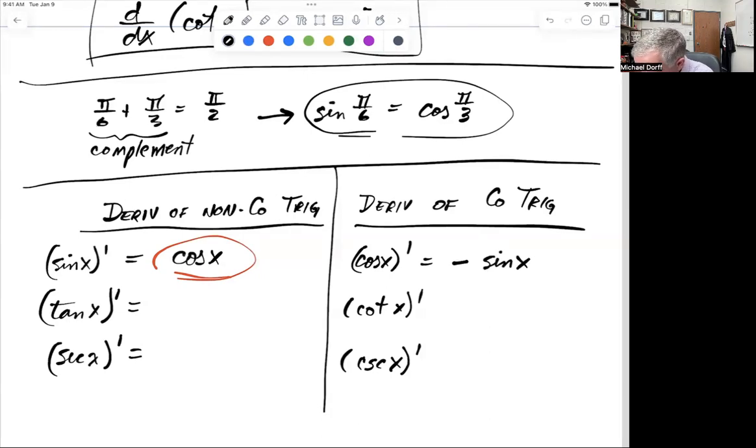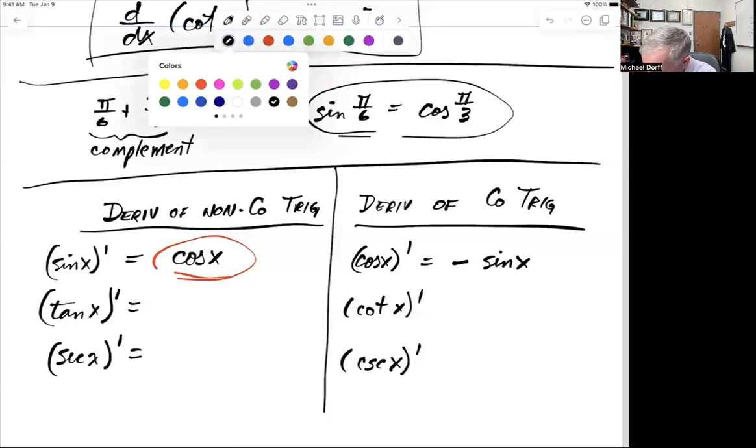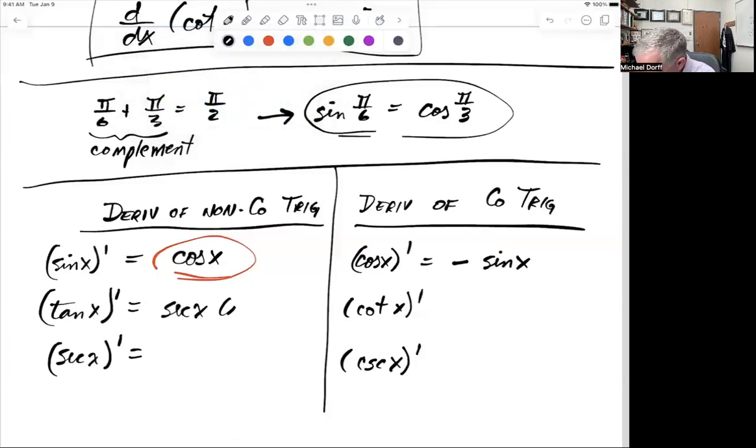If I go back and do the derivative of tangent, it is secant squared x, and the derivative of secant is secant x tangent x. Now, to find the derivatives of the co ones, I'm always going to have a negative for all of these.